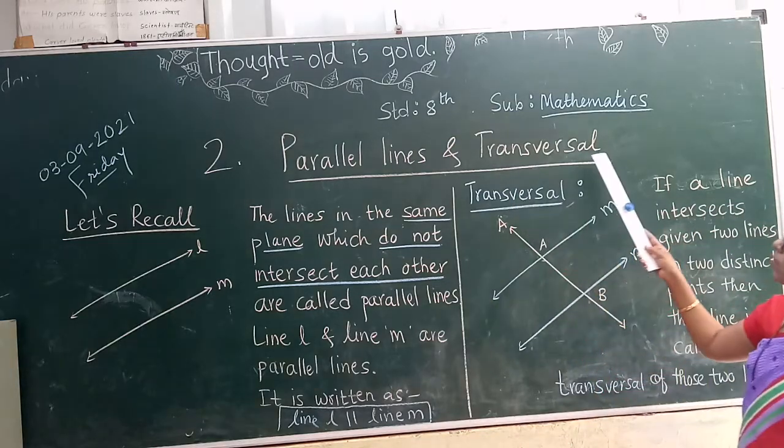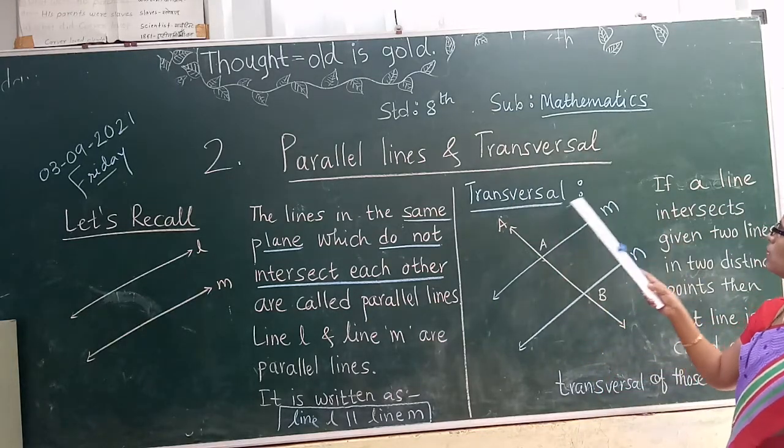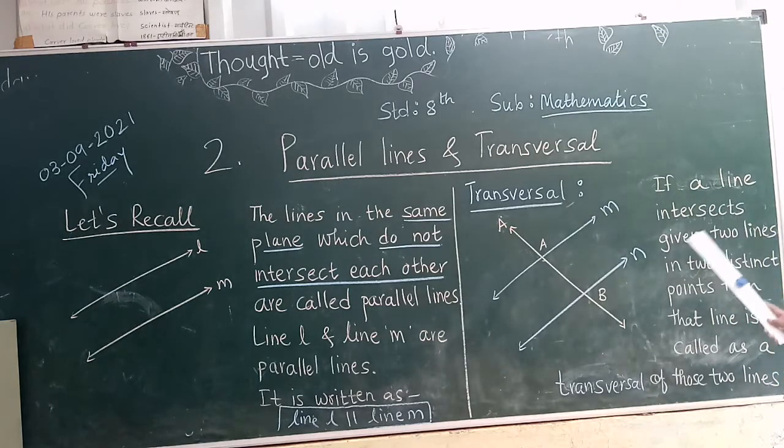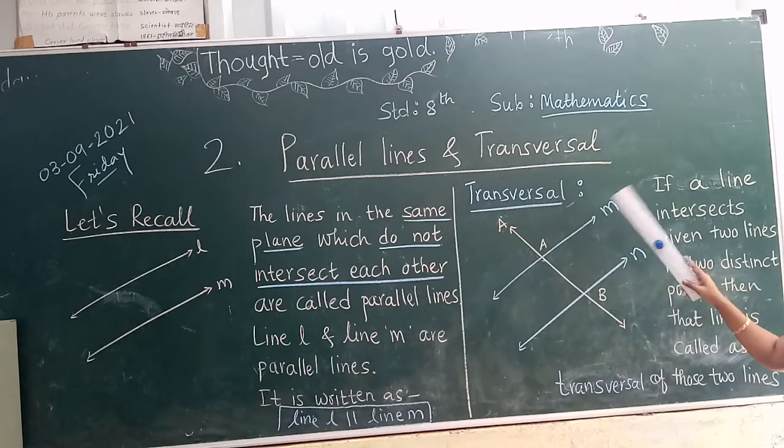Next part is transversal. What is transversal? Let's have a look. If a line intersects given two lines in two distinct points, then that line is called a transversal of those two lines. In the figure, there are two lines, line M and line N, and these are parallel to each other.